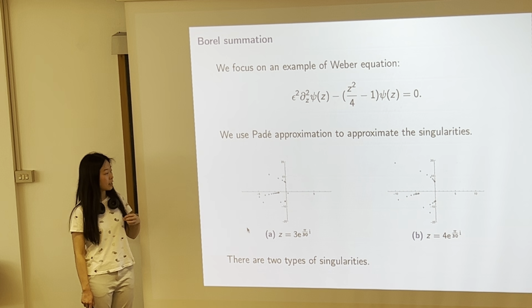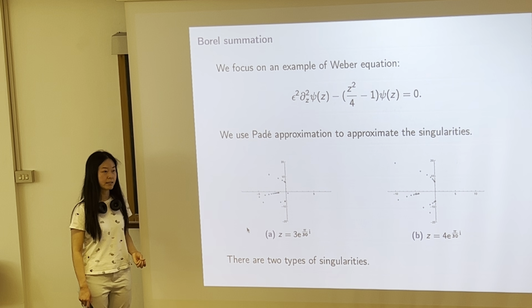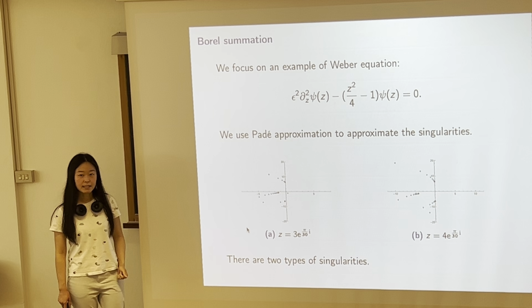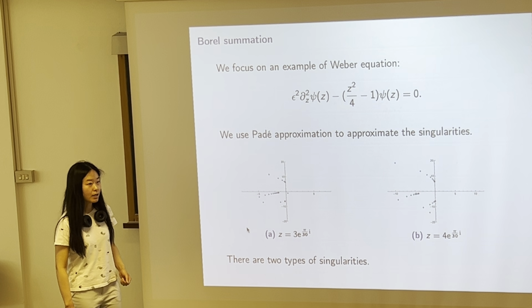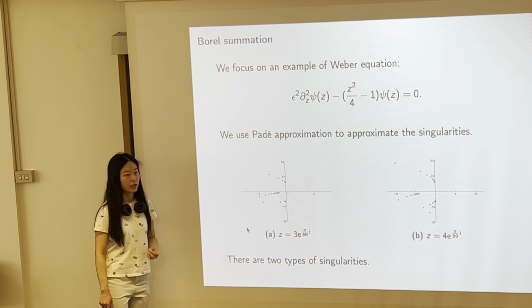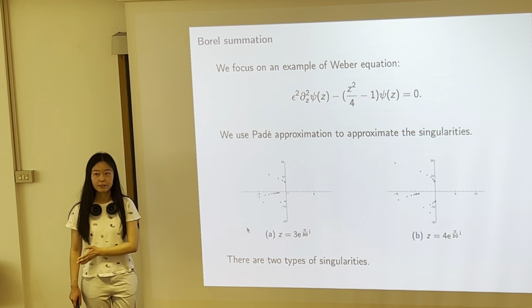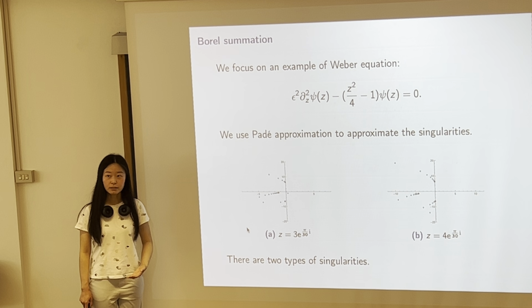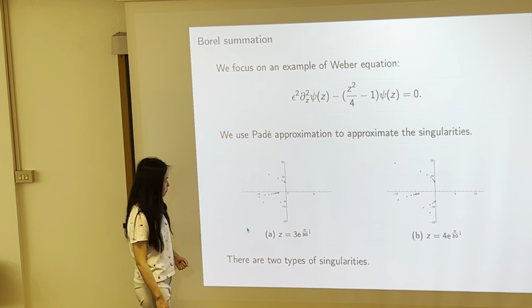What we can do is use some approximation method to approximate the singularities. One such method is Padé approximation, where we truncate this series in the Borel transform and represent this truncated series by a rational function. And then we can study the poles of this rational function.